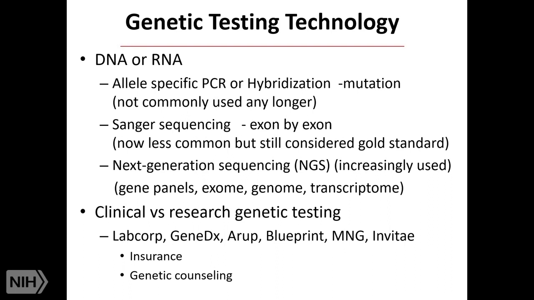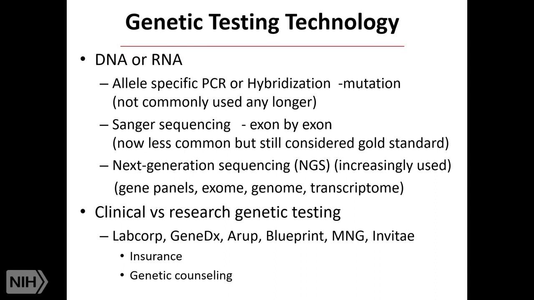But what's happening now, in many of the research and now commercial testing, are these next generation sequencing platforms, and this is really the way we do things. That can be used in terms of gene panels, which we'll talk about, exome sequencing, which we'll talk about, genome sequencing, or even transcriptome, where we're just looking at the RNA as well.